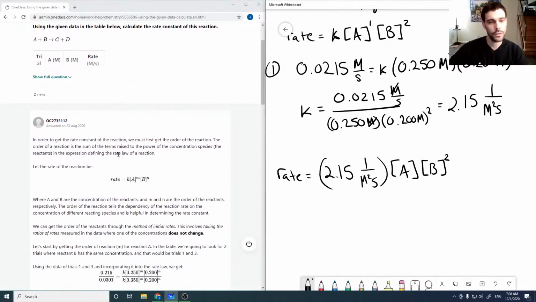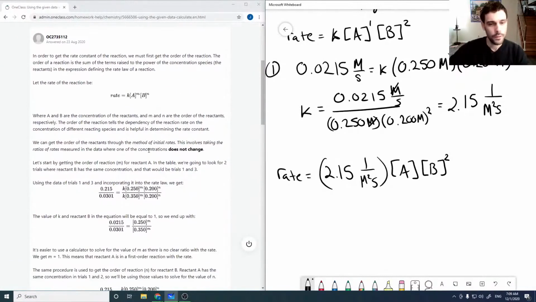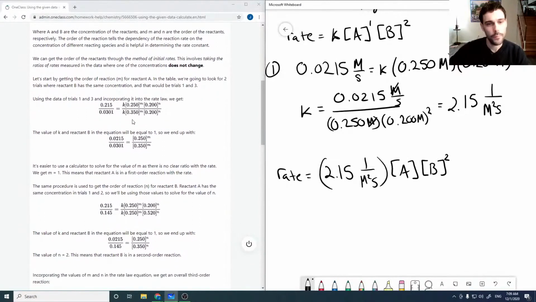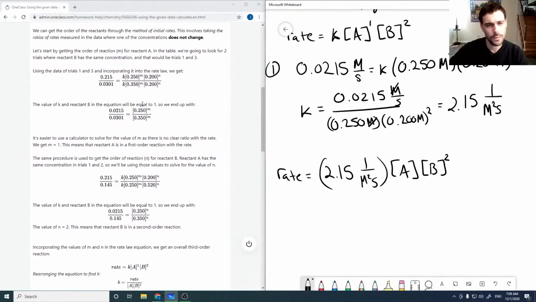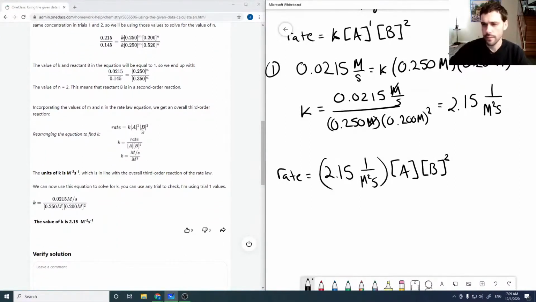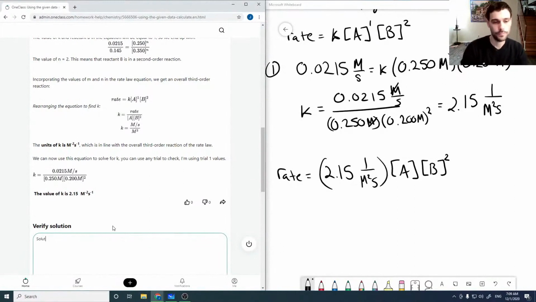Okay, so checking the solution, we use our general expression here, and so we write our three equations, divide based on getting the same things. Go to the end, we get K A B squared, solving for K, 2.15, and it's 1 over molar squared seconds, so that all looks good. Okay.